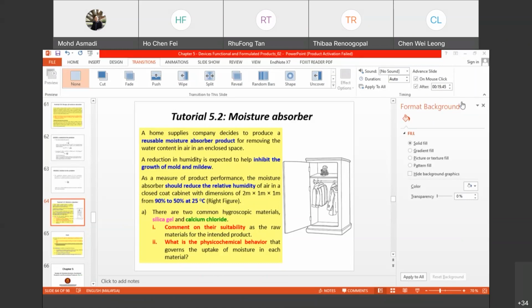In moisture. Yes, high absorption capacity is correct for the calcium chloride.